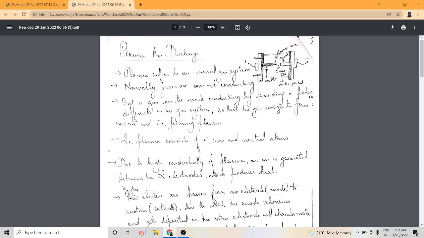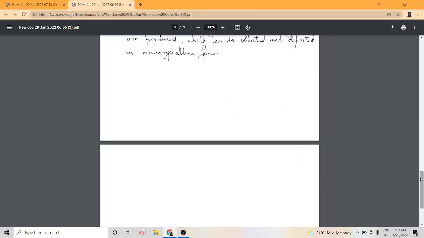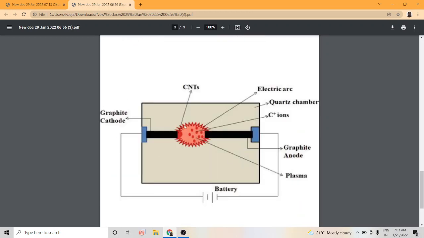That is, the plasma will be in this form. That is, an arc discharge is taking place here. An arc is a continuous electrical discharge taking place between two electrodes which is emitting visible light.